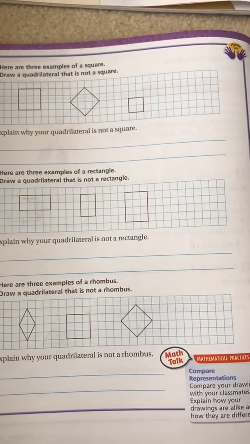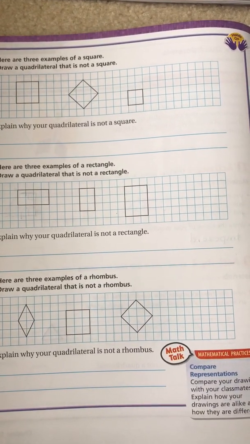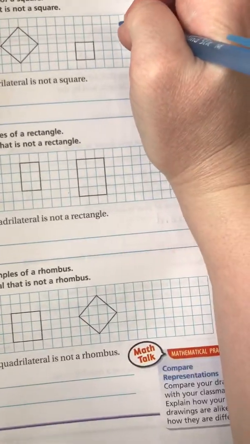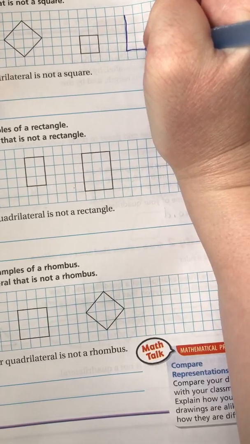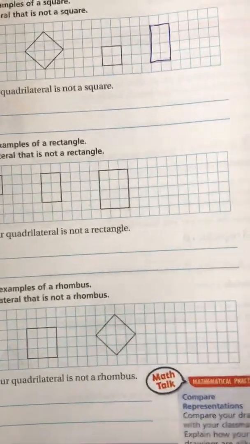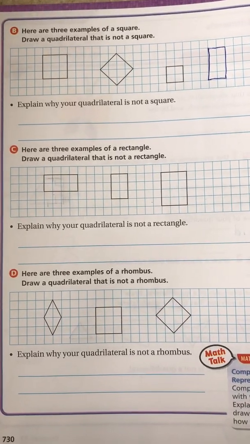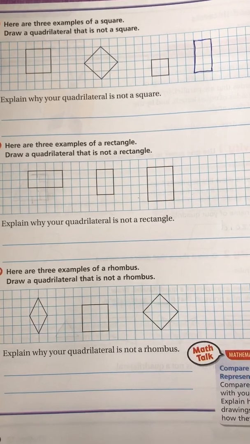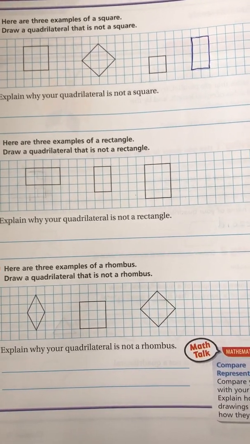So I could draw a trapezoid, I could draw a rectangle. I'm just going to go ahead and draw a rectangle. Then for my explanation, why is my quadrilateral not a square? Well, my quadrilateral is not a square because it does not have 4 sides of equal length.